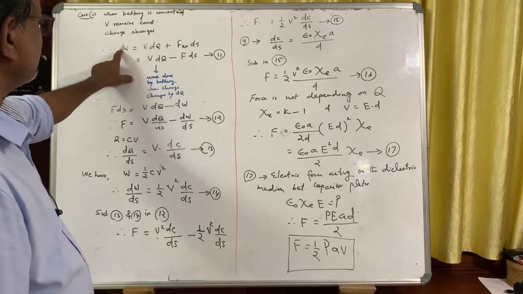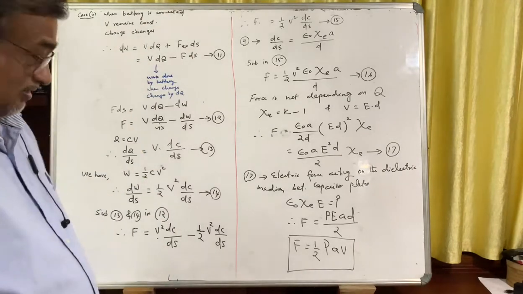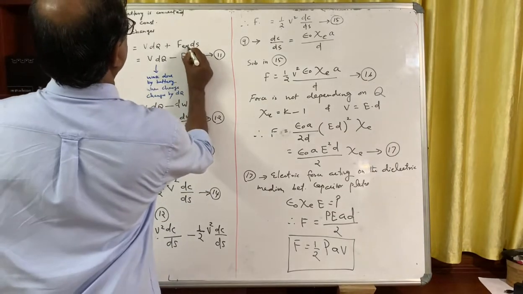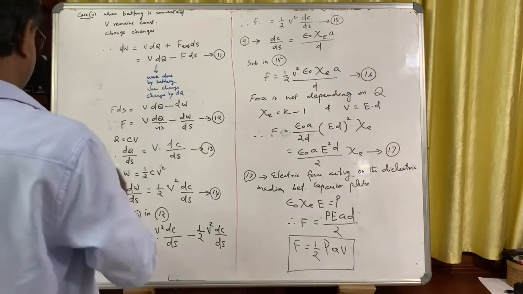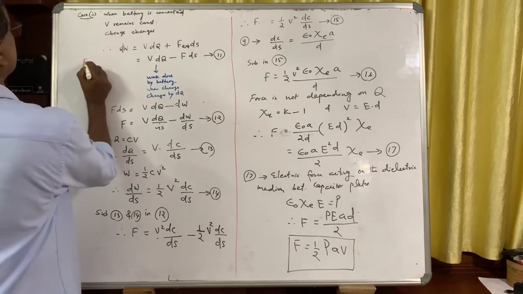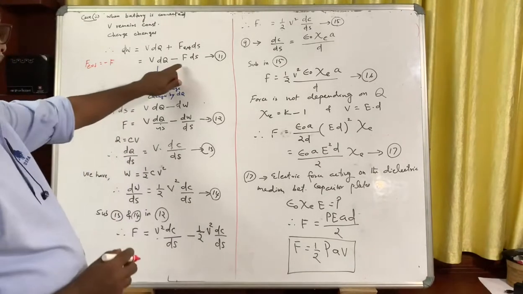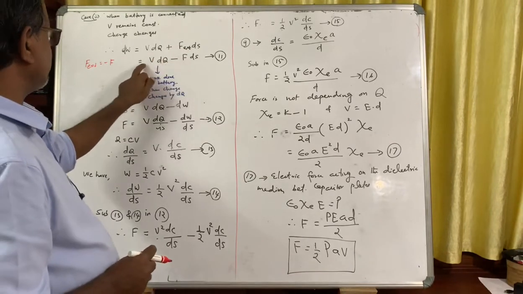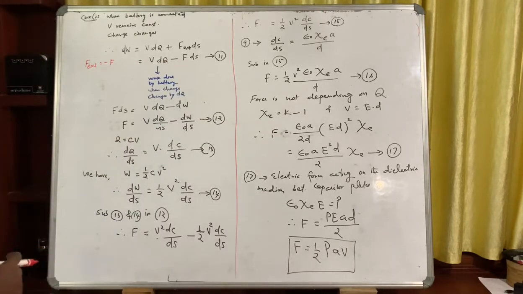So dW, new energy, dW will be V dq plus F external ds. So we know F external is equal to minus F. So we can write plus F external equal to minus F. So this becomes dW equal to V dq minus F ds.